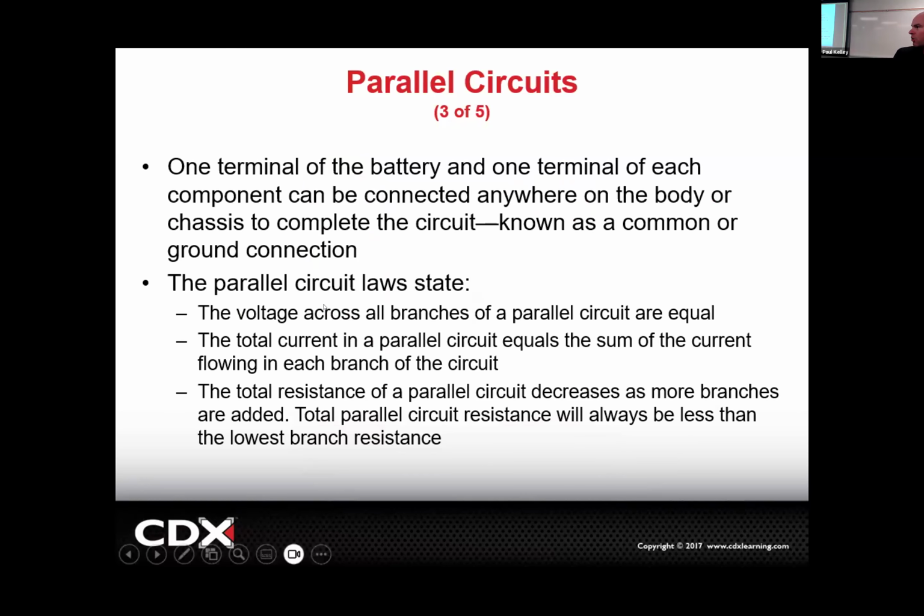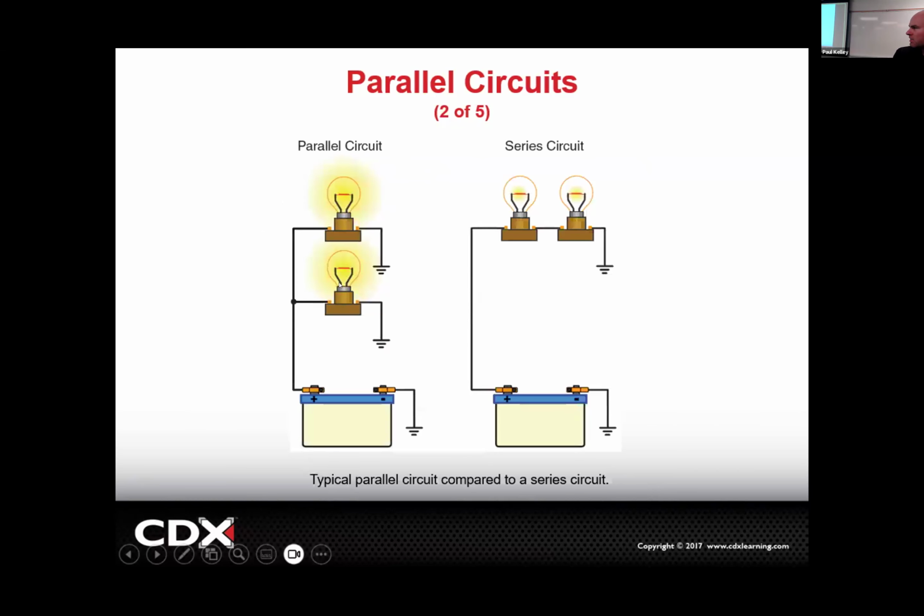In a parallel circuit, the voltage drop, the voltage across all branches, is equal. So what it's saying is this is a branch, this is a branch. They're equal means they both get access to how much voltage? Yeah, they each get 12. Now that's different. Remember in the series, the two siblings have to share the 12. You get 6 and I get 6.